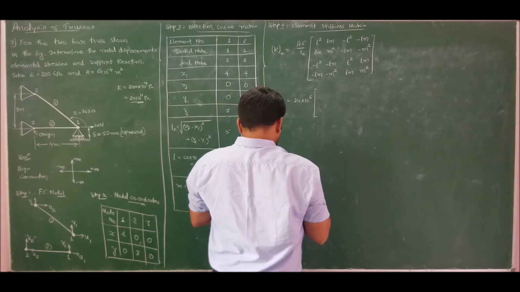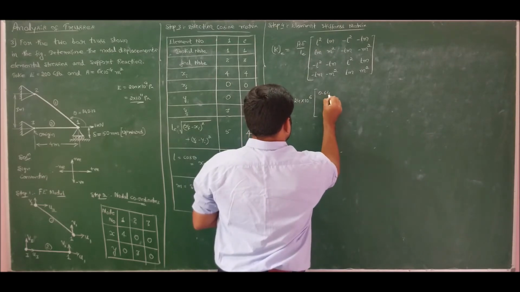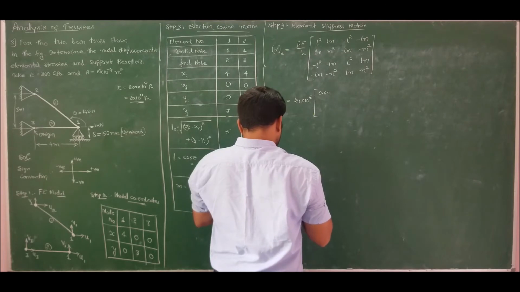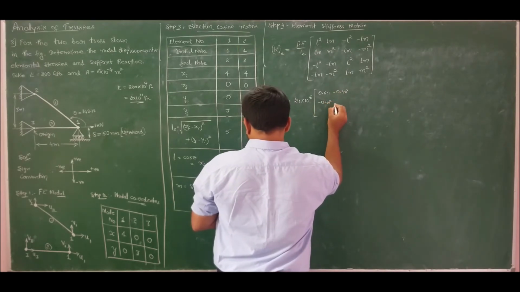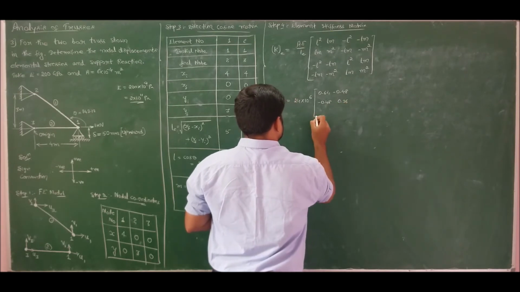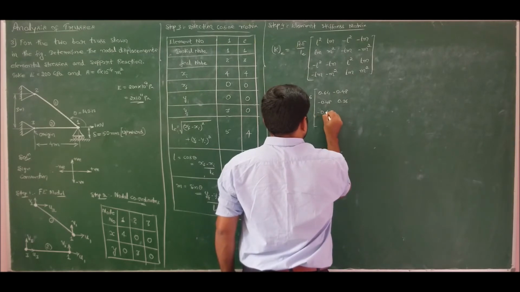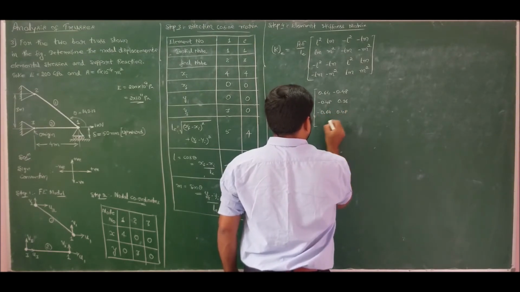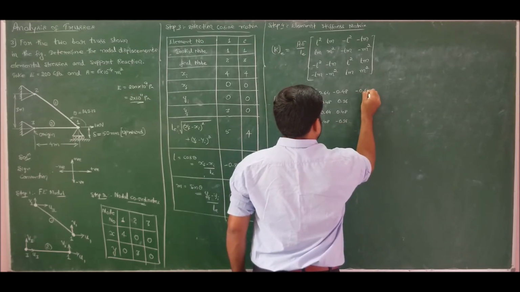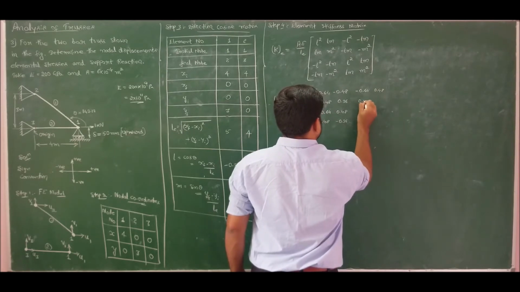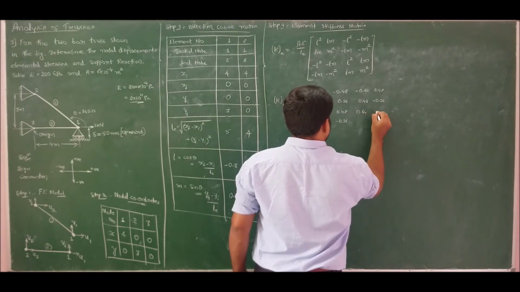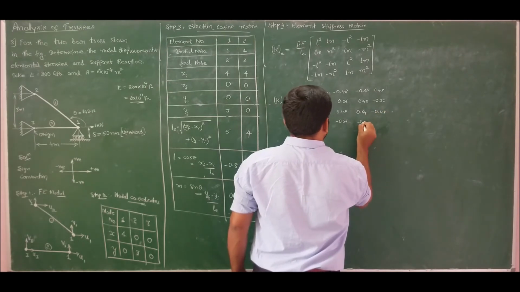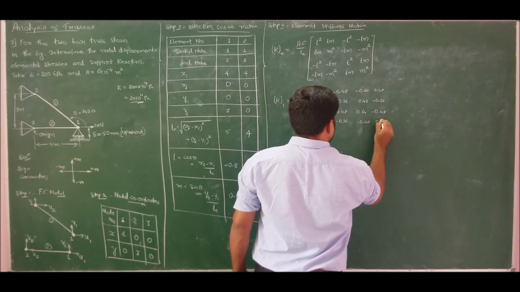Lm will be 0.8 into 0.6, which is 0.48, and m square is 0.36. The matrix is 0.64, 0.48, minus 0.64, minus 0.48; 0.48, 0.36, minus 0.48, minus 0.36; minus 0.64, minus 0.48, 0.64, 0.48; minus 0.48, minus 0.36, 0.48, 0.36.